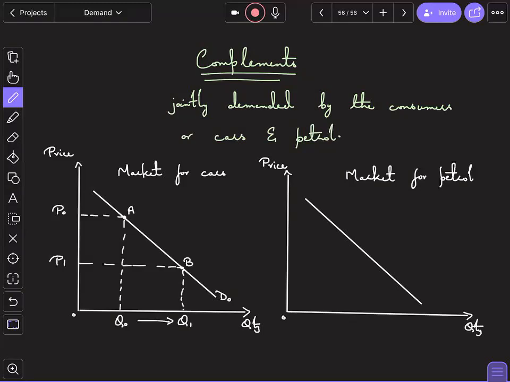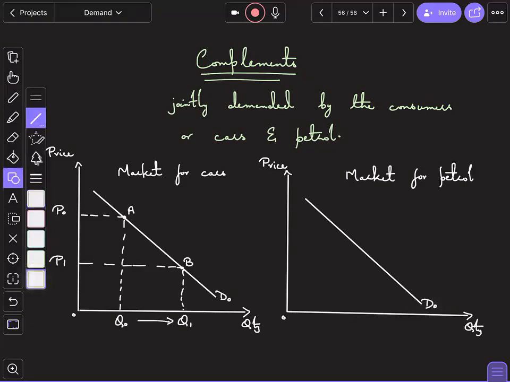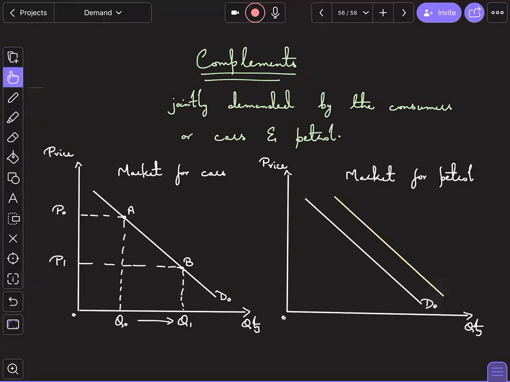And when more cars are being demanded, obviously the demand for petrol will increase, because all those consumers who are driving the cars need fuel, they need petrol. The demand for petrol will shift outwards, and at the same price, more petrol will be demanded. Earlier, the consumers were demanding Q naught quantity of petrol. Now they will be demanding Q1 quantity of petrol.